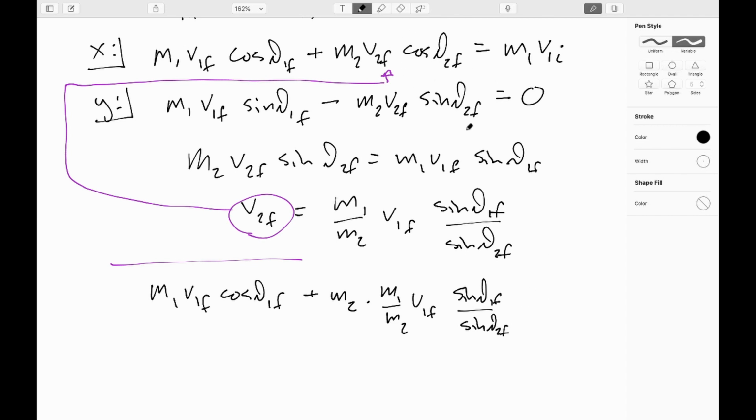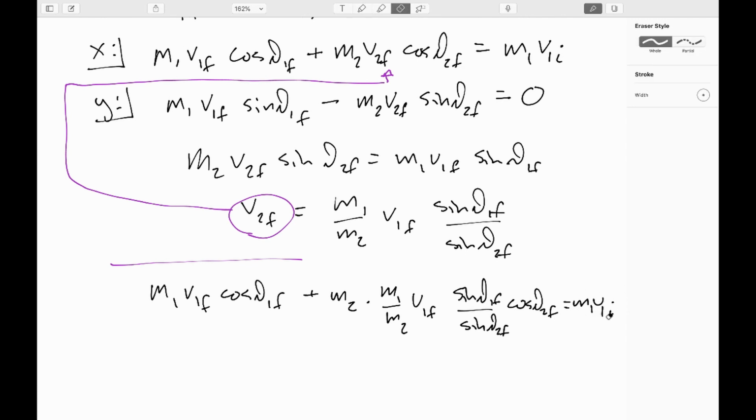And then we still have that cosine theta 2 final over there equals M1 V1 initial. Well, that seems awful, and it's certainly not pretty. But you'll notice that both terms have a V1 on the left, V1 final, and on the right we just have a V1 initial.